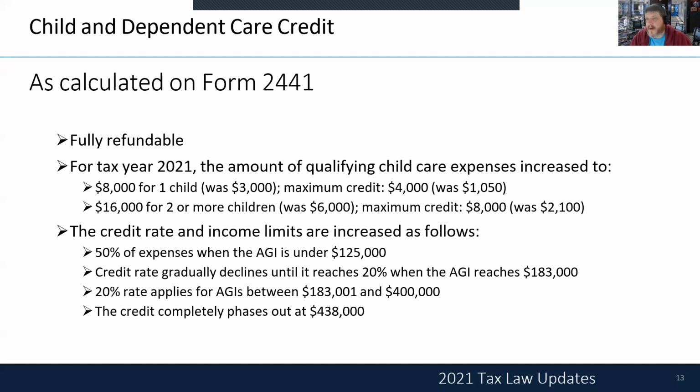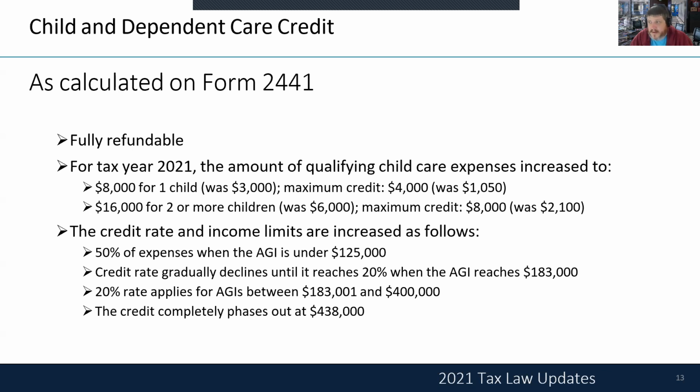So the way this works is you get 50% of your expenses back as a refundable credit. So if I spent $3,000 and my AGI is under $125,000, I would get $1,500 as a credit. If I spent $20,000 and I had two or more children, I would get $8,000 because I'm capped at $16,000.